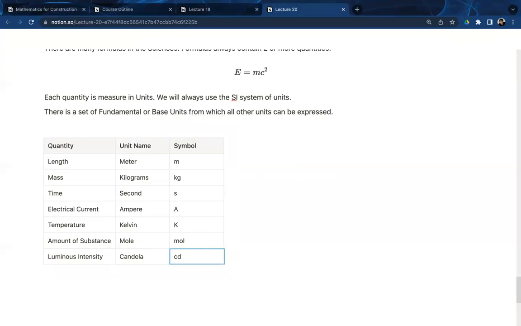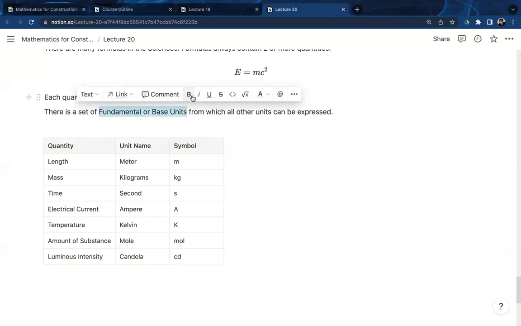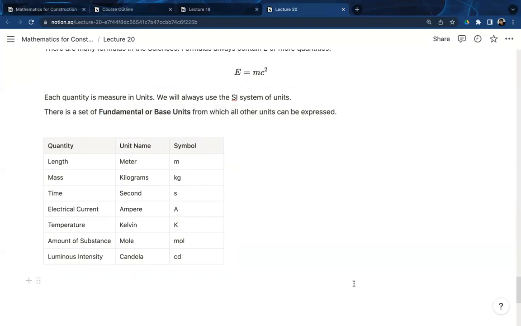So these are the fundamental or base units. And you would see this in a physics class, and I will talk about it in chemistry, right? These are the SI units here. Mass, length, and time. These three here are the ones that we're going to focus on in this course.